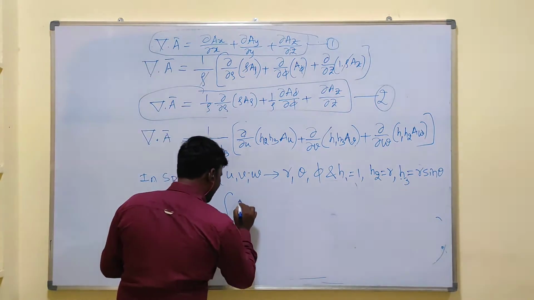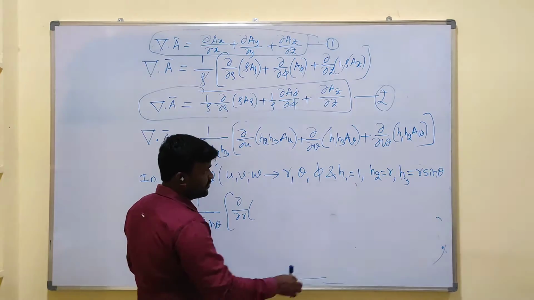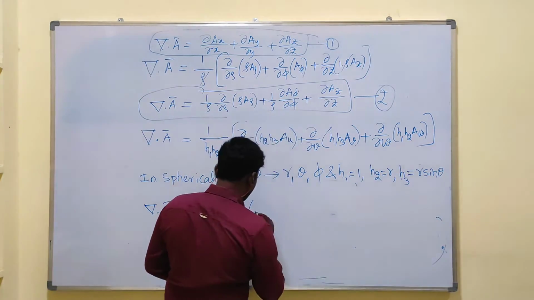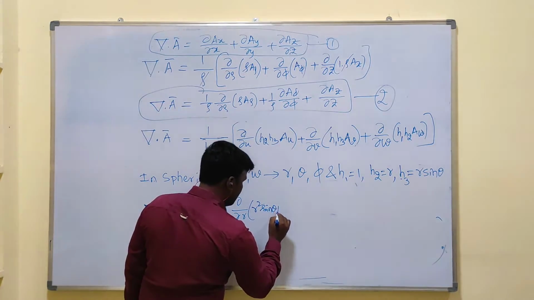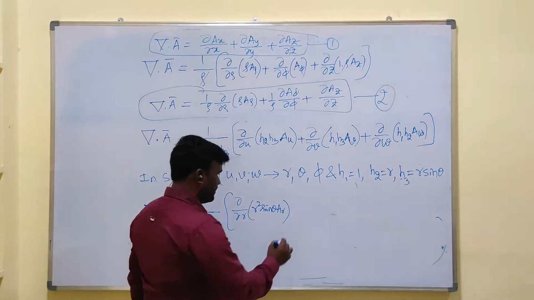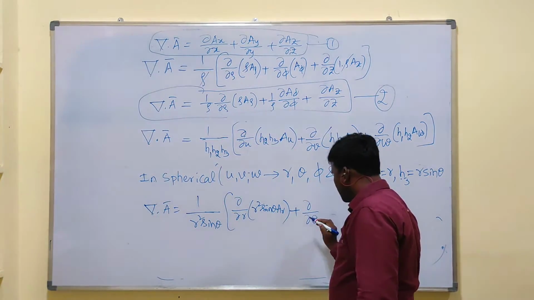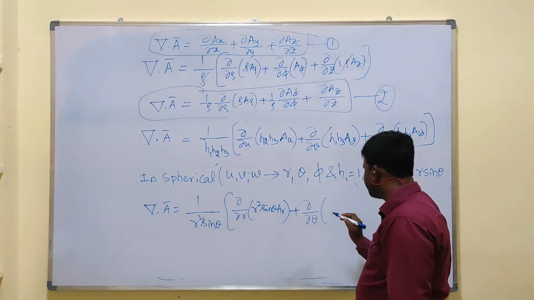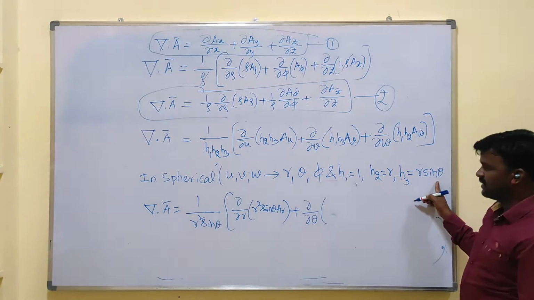Substitute this one, that is ∂/∂R. h2 is this one, h3 is that one. That is R into R sin theta gives R square sin theta. Here, Au means the first element, that is here, plus ∂/∂theta of h1 and h3. H1 is 1 and h3 is R sin theta.